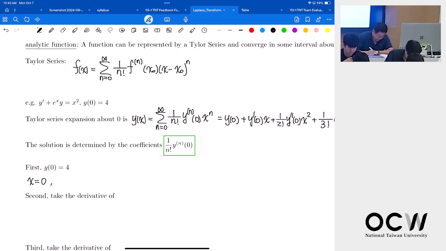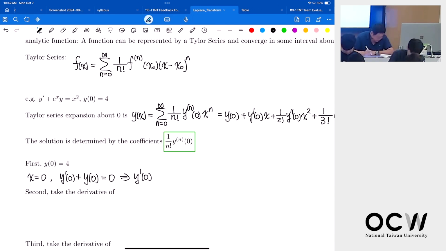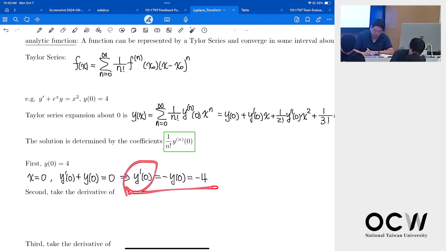I have y prime of 0 plus e to the 0, which is 1, times y of 0, equals x squared, and at x equals 0, x squared is still 0. Then you get y prime of 0 will be minus y of 0, which is minus 4. So looks like I get another initial condition. y prime of 0 is -4 here.